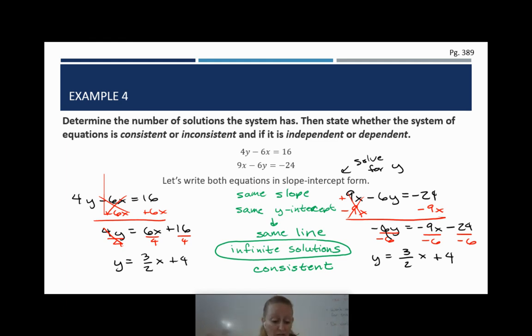Looking at my definitions in my notes, we said if a system of equations has an infinite number of solutions, which we just decided it did, it is dependent. So dependent it shall be. Woo!